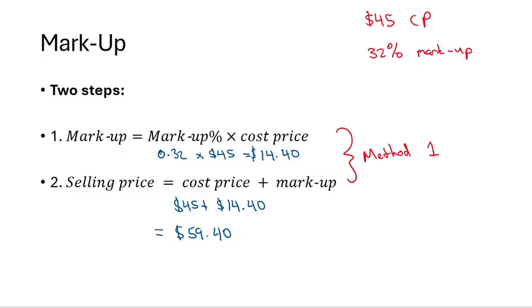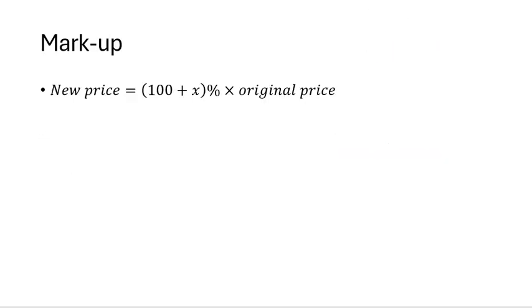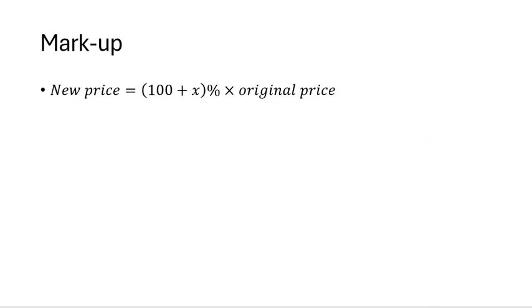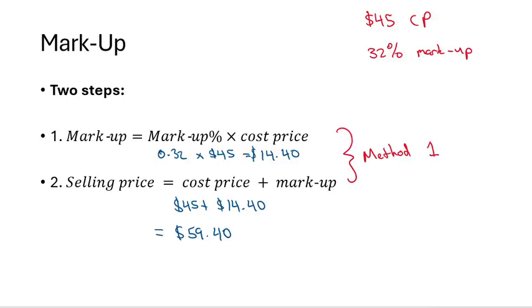Markup. Now, two methods. Okay, a lot of people would have chosen method one, but some would have chosen method two as well. I'll just talk about it really briefly. So, say for example, I bought something for $45 and I plan on increasing the price by 32%. So what I'm going to do here is find how much I increase the price by. So I just do the markup percentage times the cost price.